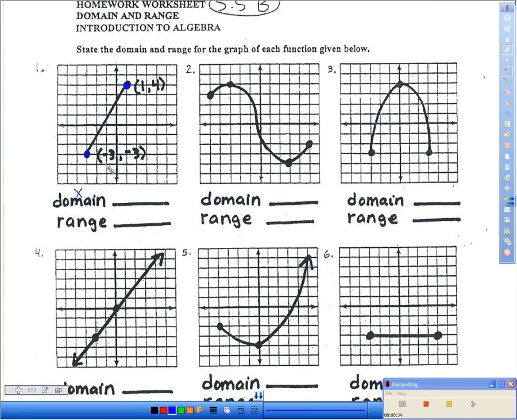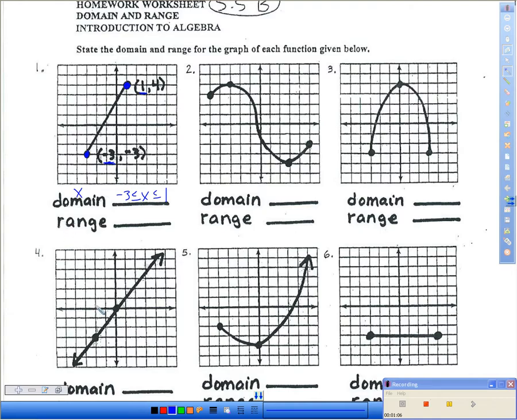So the leftmost point is -3, the rightmost point is +1, and it also includes -3 and +1. So we would write it like this: -3 is less than or equal to x is less than or equal to 1. Everything from -3 to +1.